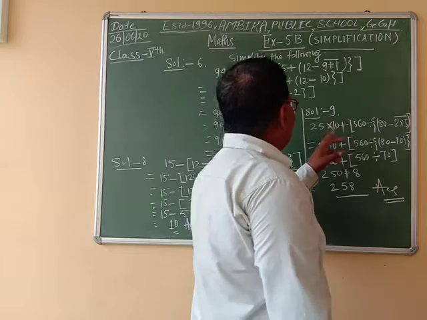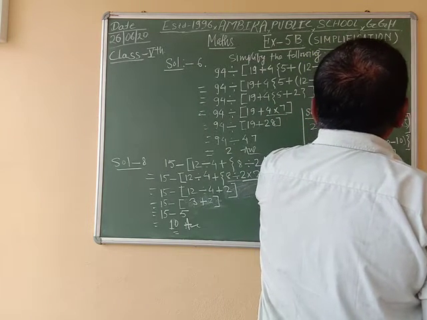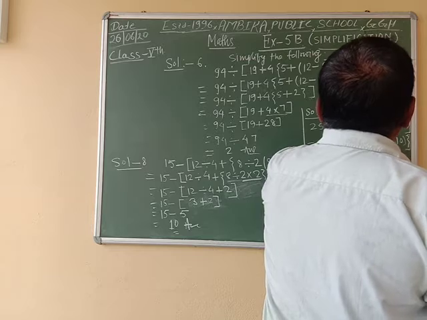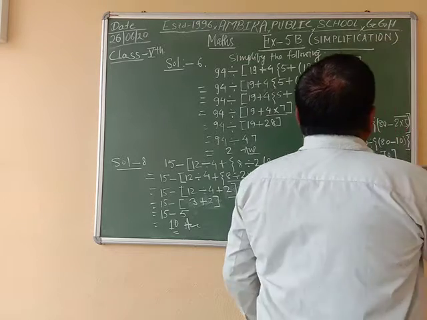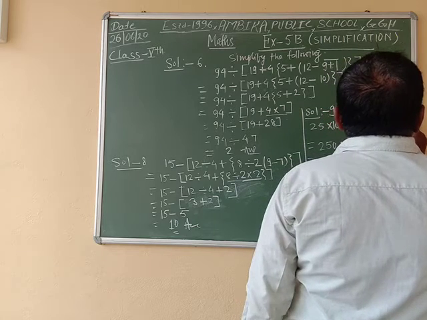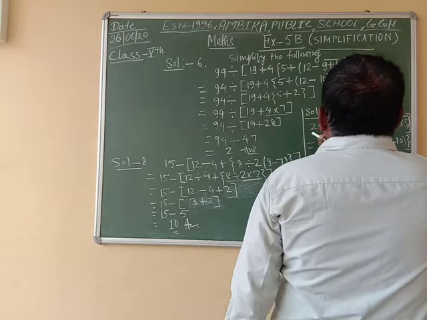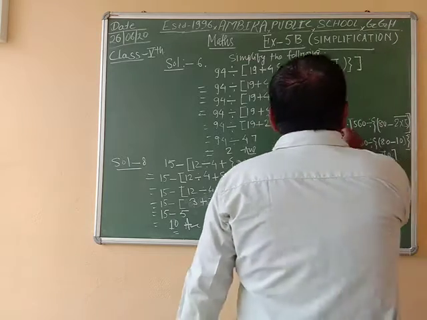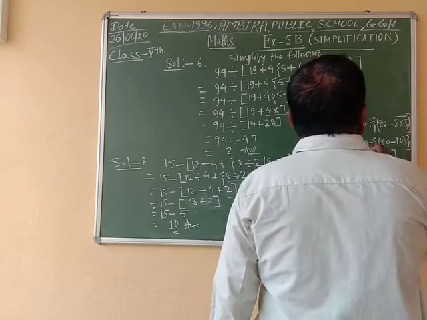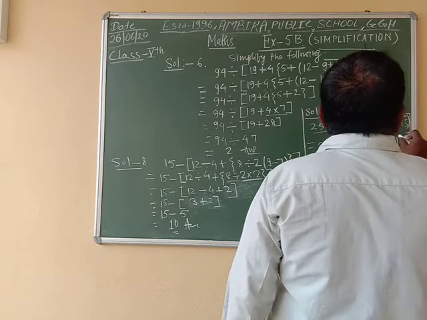In question number 9, simplify 25 into 10 plus 560 divided by curly bracket and a small bracket 80 minus 2 into 5 under the bracket. Multiplying 25 by 10, we get 250 plus 560 divided by 80 minus 2 into 5, which is 10.